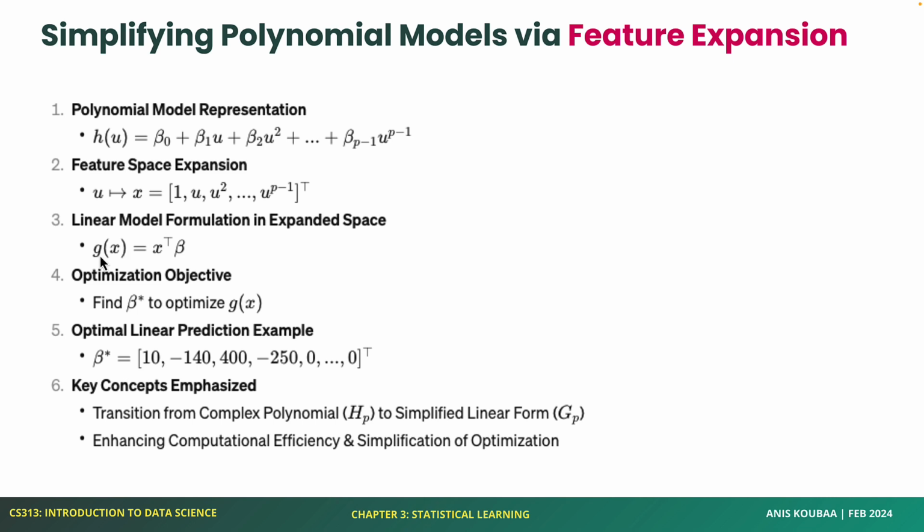We try to find the function j of x that is equal to x transpose multiplied by beta, which contains the weights, the learnable parameters. The optimization objective here is to find beta star that optimizes the function j.